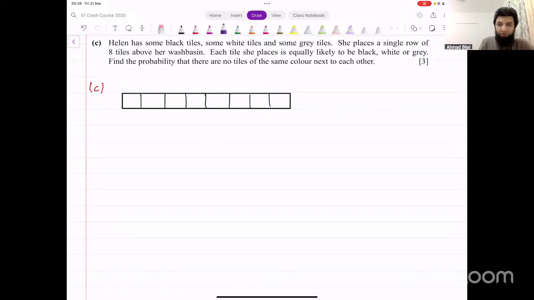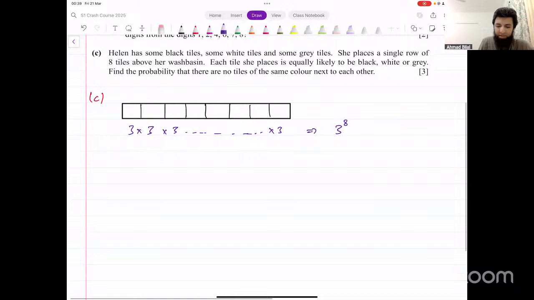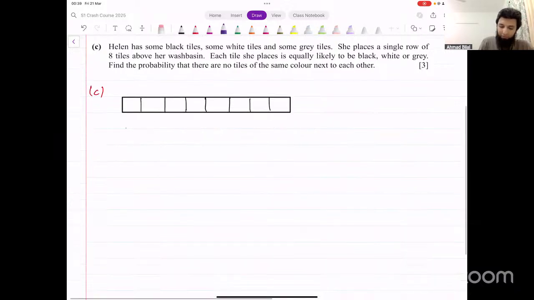You would have 3 options for filling the first box, right? You can have black, white, or gray in the first box, 3 for the second, 3 for the third, and so on. What does that give you? 3 power 8. Because there are 3 colors that we can have. So for the first place, we can have black or white or gray.